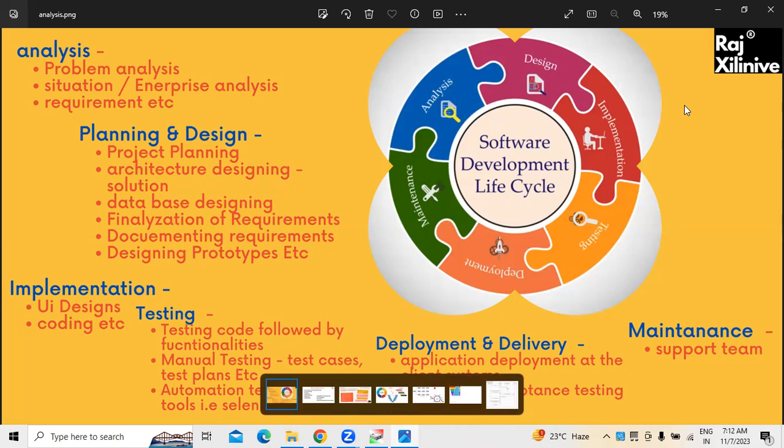The project was developed in our environment, but we should also make sure the deployment and delivery happen at the client end as well. Once the deployment is done, the delivery of the application will be done in parallel, followed by maintenance. This is generally the process of the software development life cycle, SDLC.